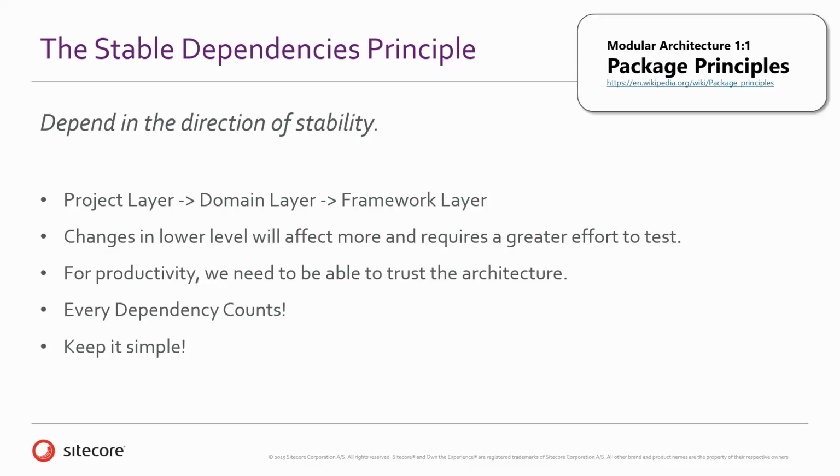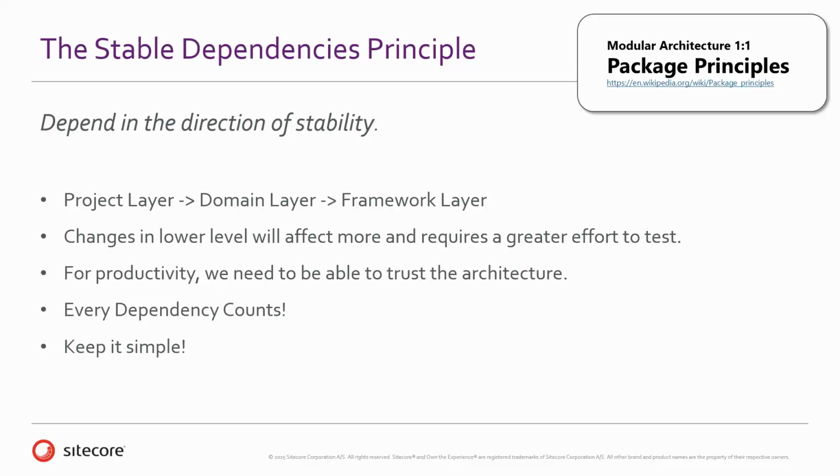Another principle is the stable dependencies principle. Again, it's a very obvious one: in order to test things and to make a solution stable, you need to depend in the direction of stability. Take module A and module B. If module A depends on module B and module B changes, then module A has to be tested, or in some cases changed.